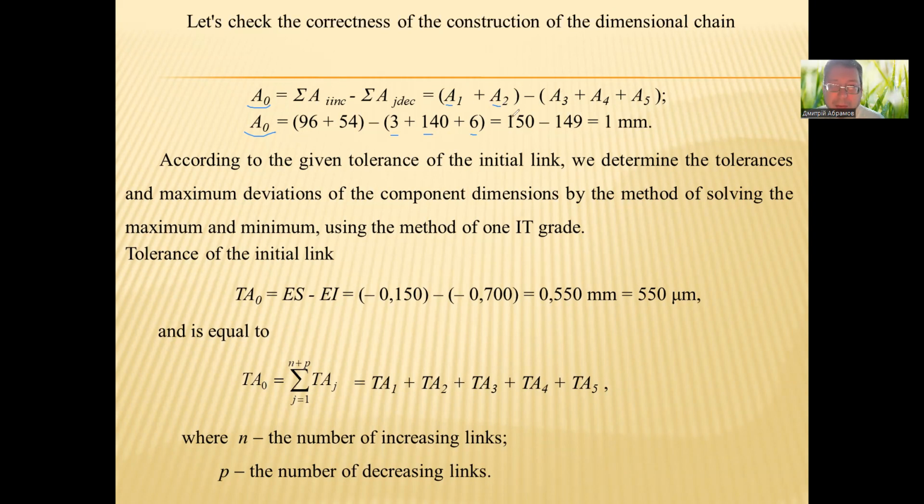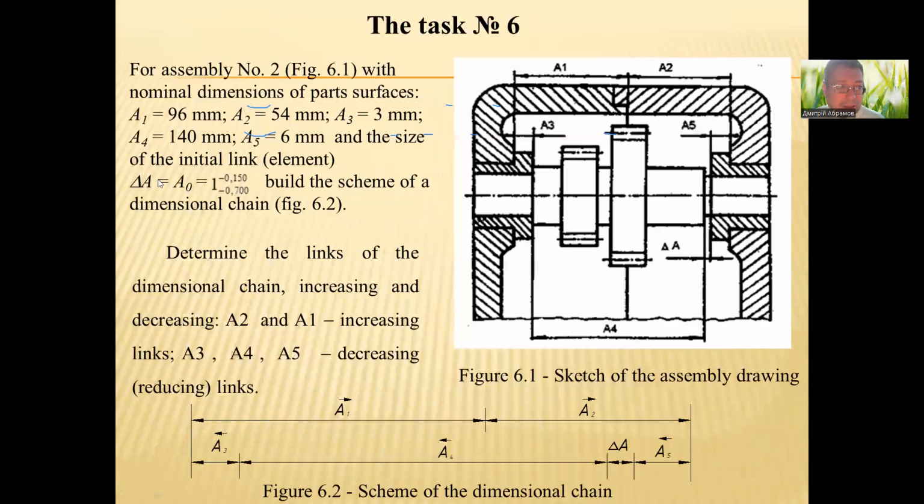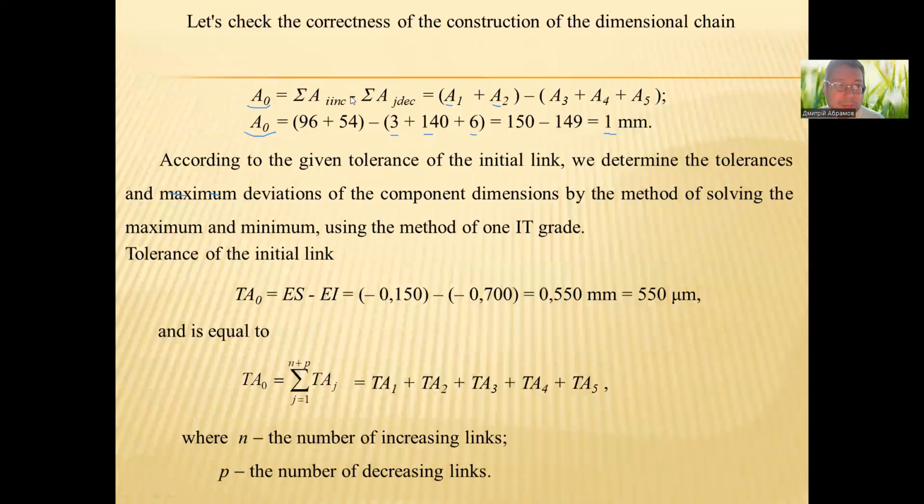It will be equal to 150 minus 149, and it will be equal to 1 millimeter. In our task, A0 is equal to 1 millimeter. So our dimensional chain is correct.